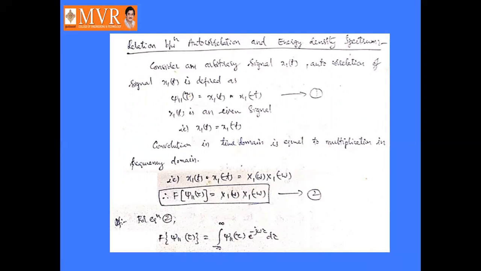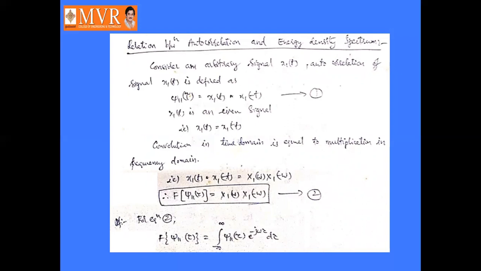Convolution in the time domain becomes simple multiplication in the frequency domain. So x1 of t convolved with x1 of minus t is equal to x1 of omega into x1 of minus omega, right? Or the Fourier transform of J11 of tau equal to x1 of omega into x1 of minus omega. That is equation number 2.